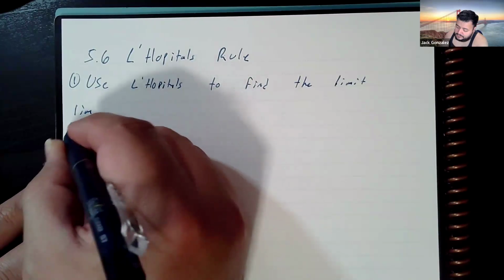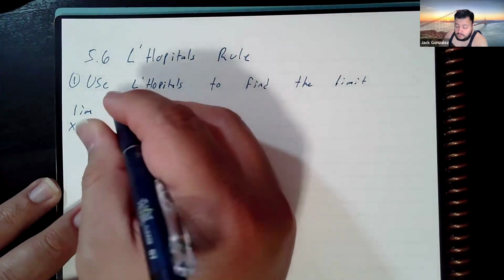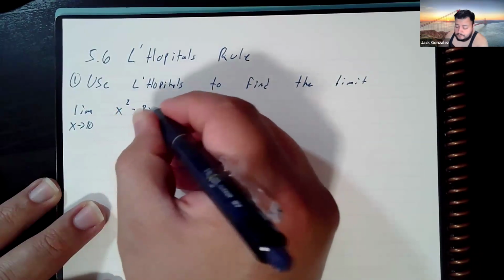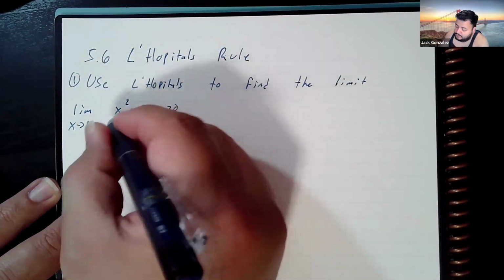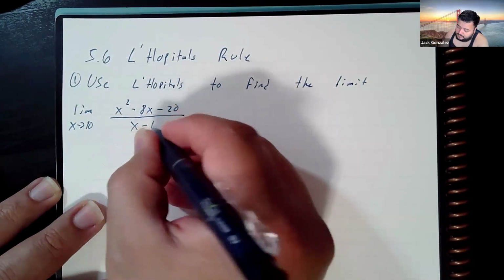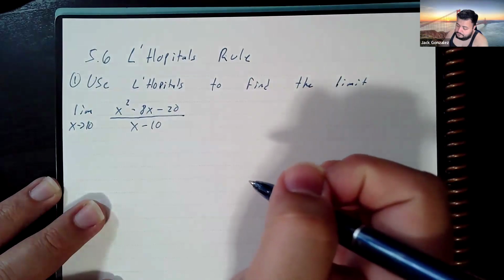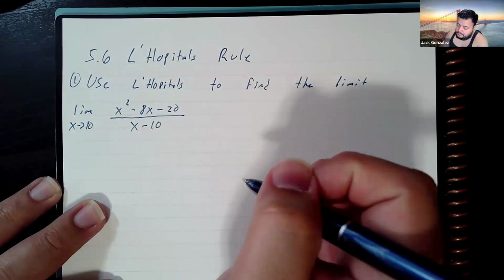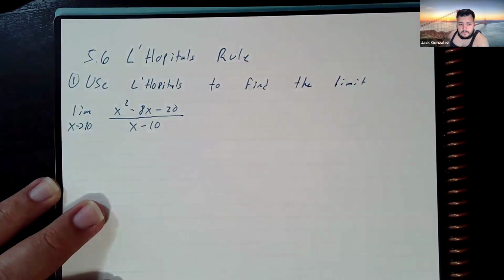So for example, the limit as x approaches 10 of x squared minus 8x minus 20 divided by x minus 10. All right.